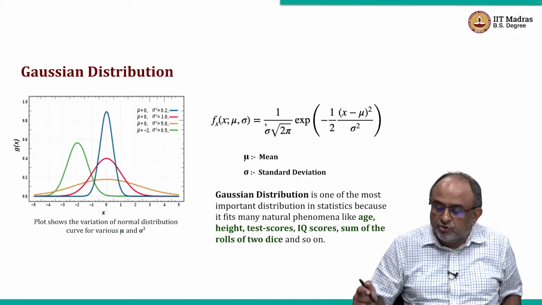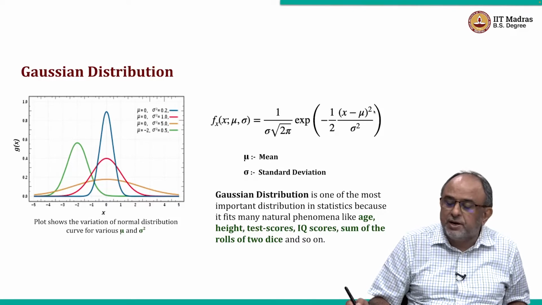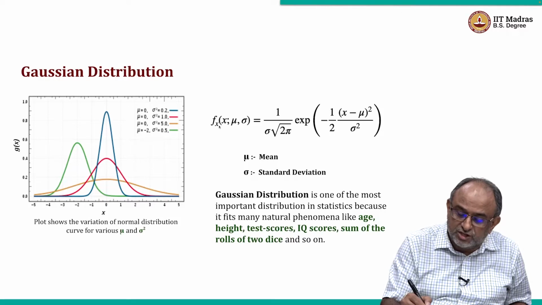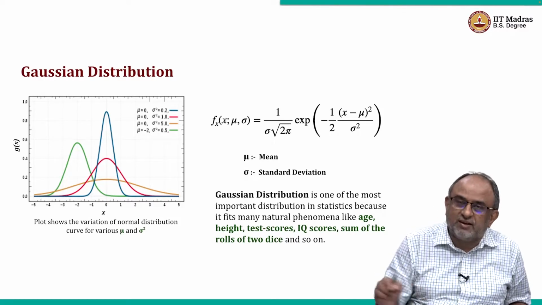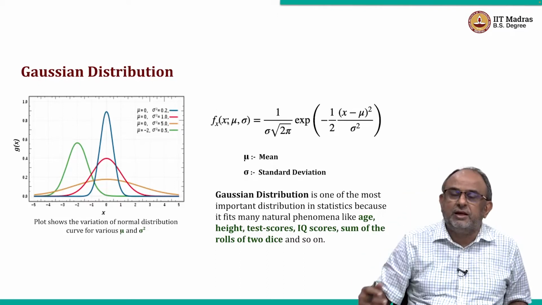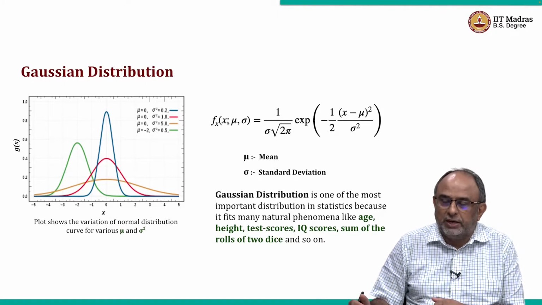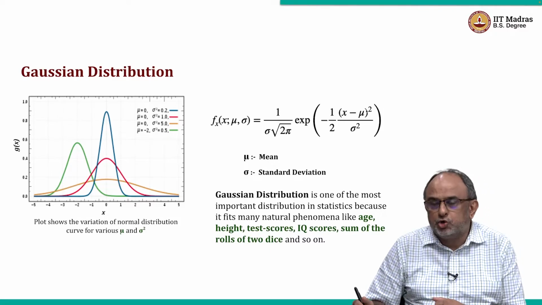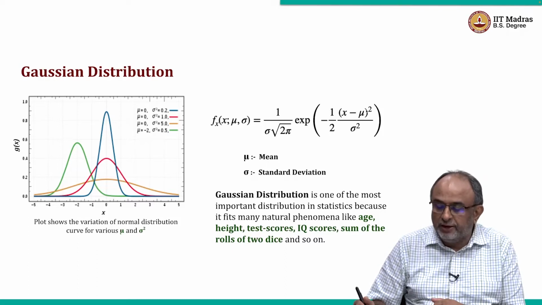Okay, and if you see, there is a squared operation here, so some kind of a symmetry will come into place. You can see this is a function of x, so this is an f of x. The x-axis is the different values of x, and f_X(x) is the value y at a particular value of x. Because of this squaring operation, you should expect some kind of symmetry to appear.